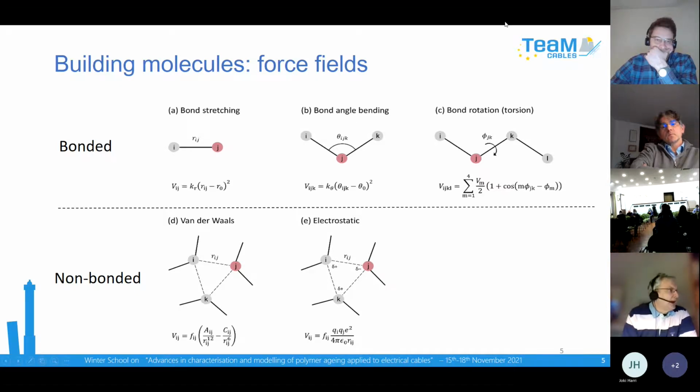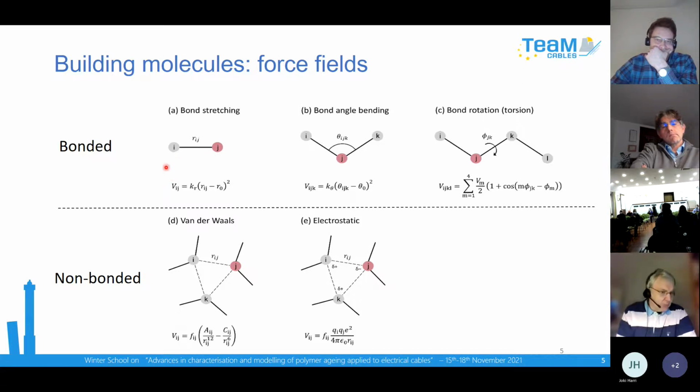If we are looking at, for example, this picture A here, here we are defining a force between two particles that looks like a harmonic spring. This is really the potential energy of a harmonic spring. And this is a simple but very often used way of defining a chemical bond in these molecular dynamic simulations.